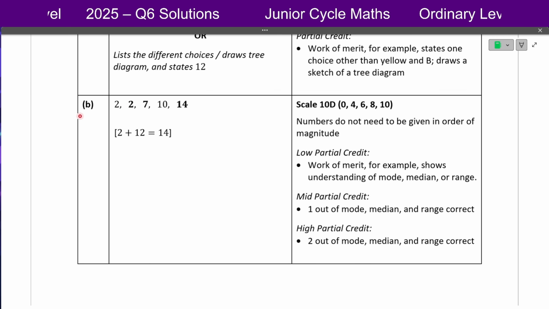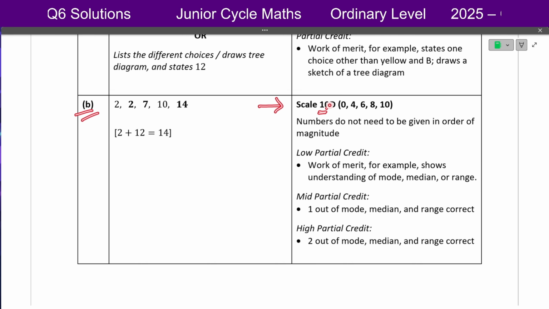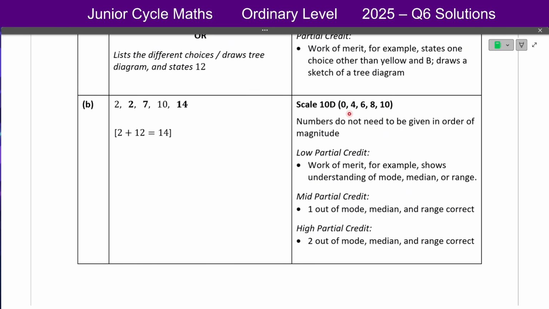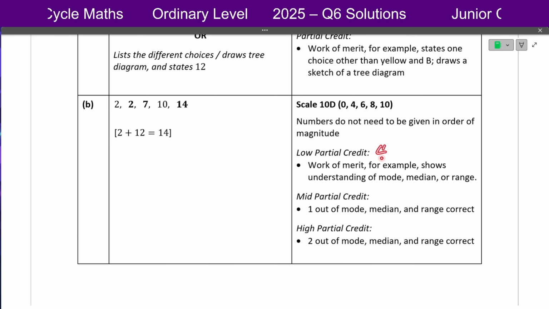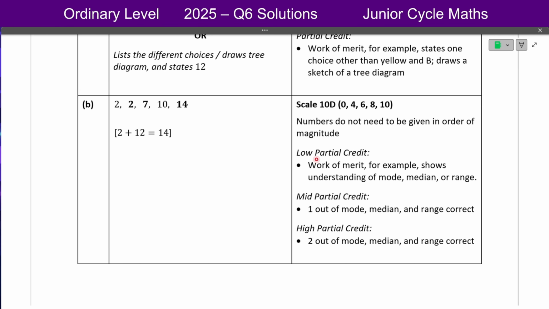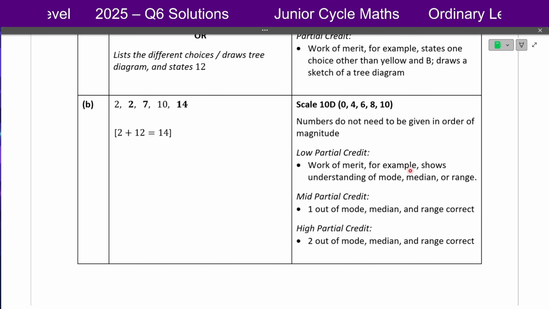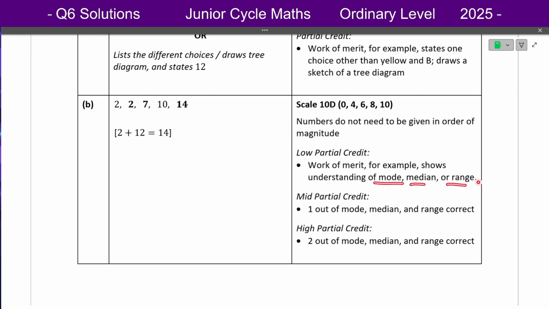Part B is on the scale of 10D, meaning we have 10 marks with 5 subcategories. We may get 4 out of 10 in the case of low partial credit, when we show some basic understanding of mode, median and range.